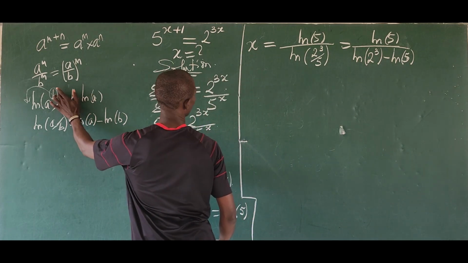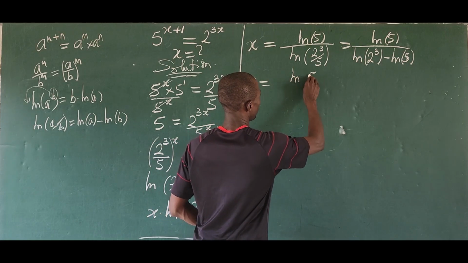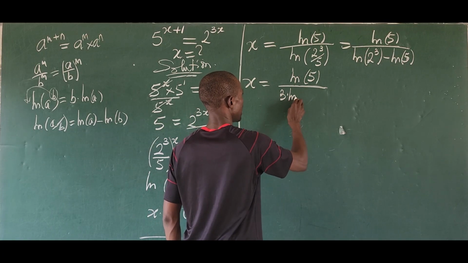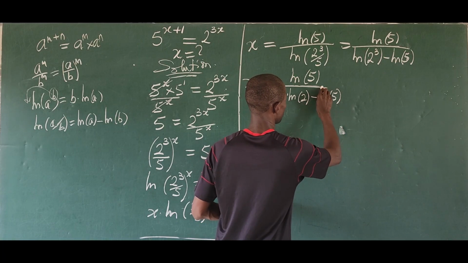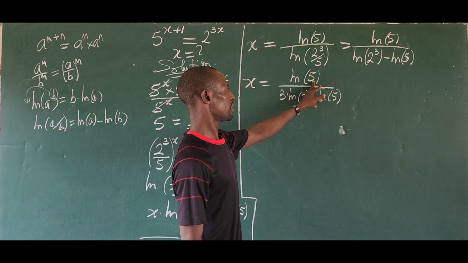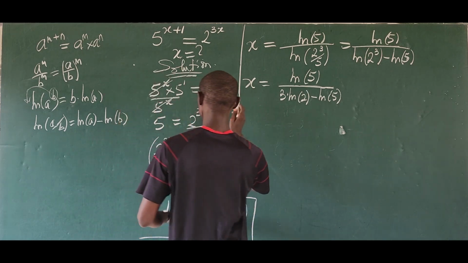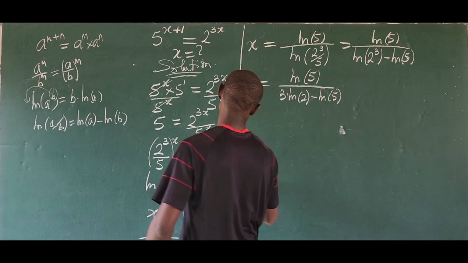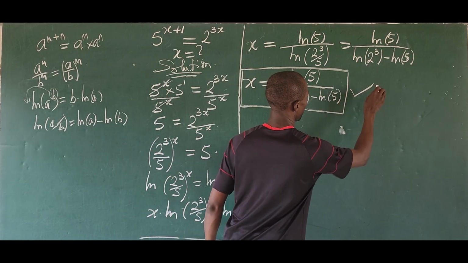Applying the power law, x will now be equal to the ln of 5 all over 3 times the ln of 2 minus the ln of 5. To get the numerical value, you put this in your calculator, and when you simplify, you have an approximate answer. So this is the final answer to our challenge.